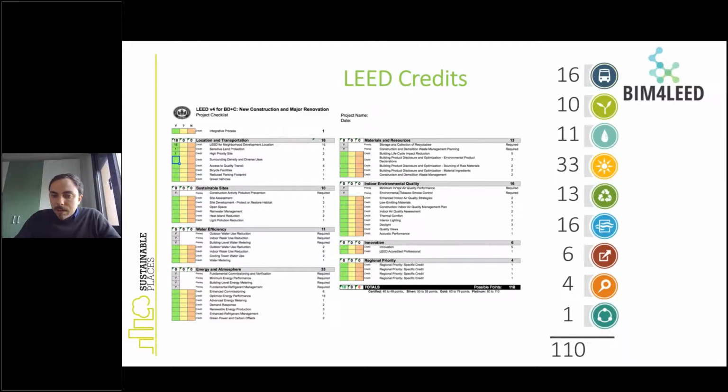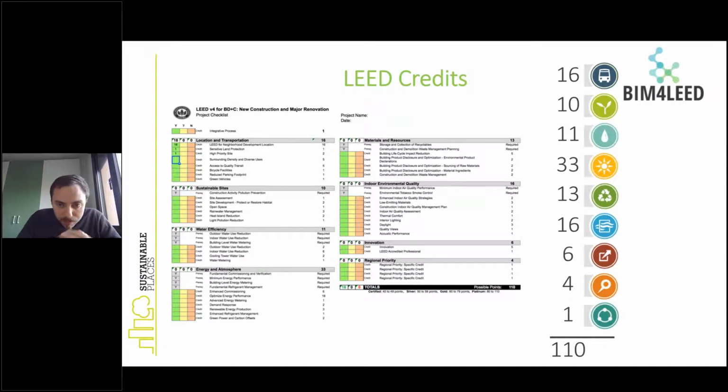Each category has a different sum of points that we can achieve.